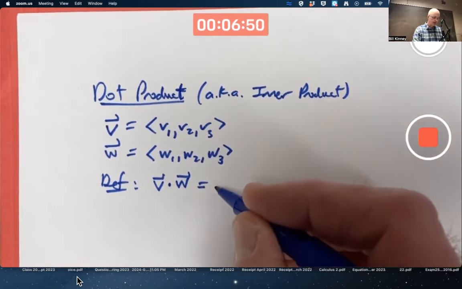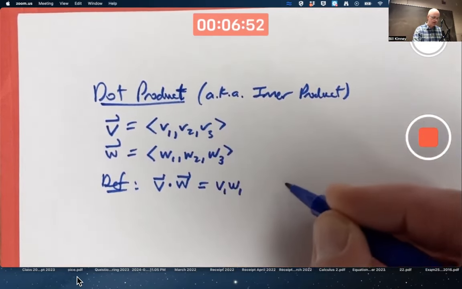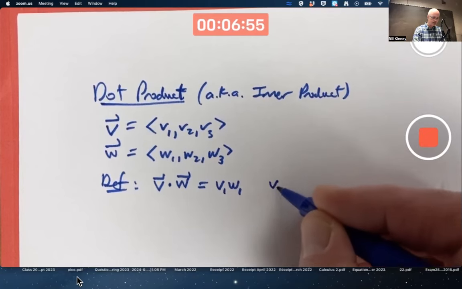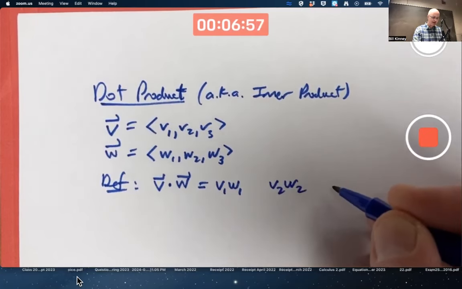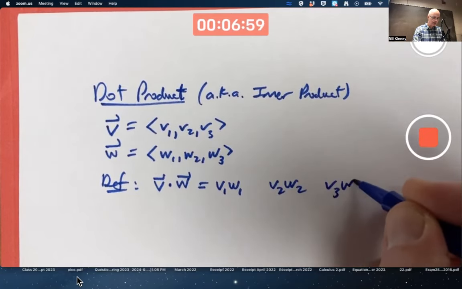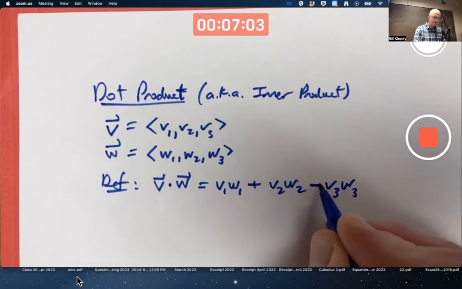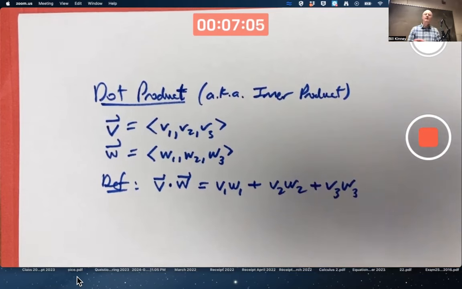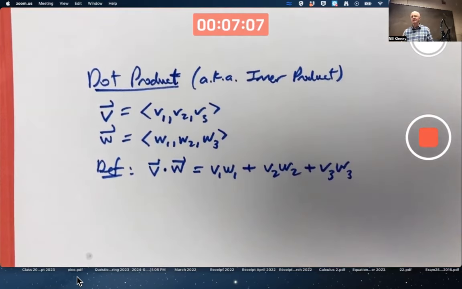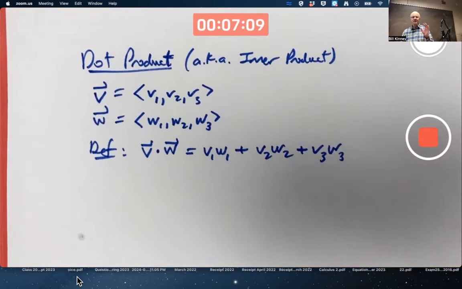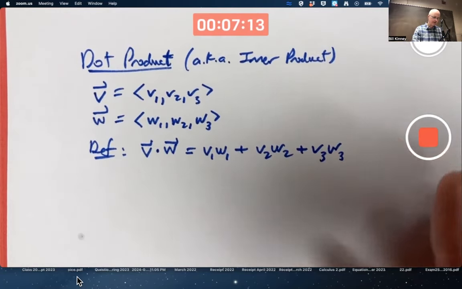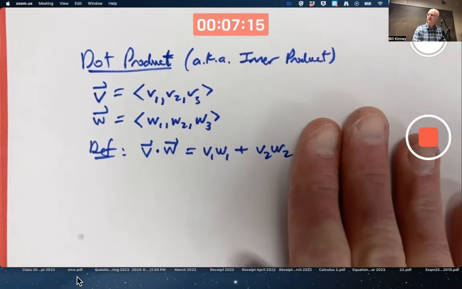Their products are V1 W1, leave a little space, V2 W2, leave a little space, V3 W3. We want the sum of those products. That's what V dot W is. If they were two-dimensional vectors, this last term would not be there.